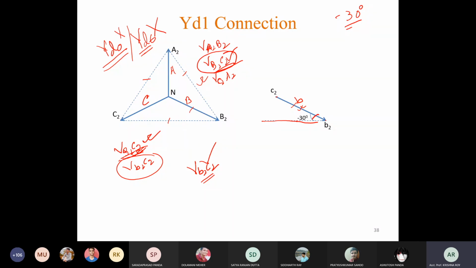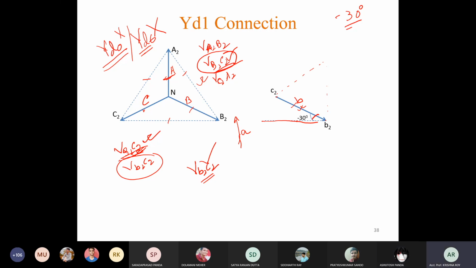So now we have to draw the other two phases, keeping them parallel to the high voltage phases. That means we have to draw this one line which will be small a phase, that means low voltage a phase, and which will be parallel to this capital A phase. Then where to draw? Here only, right? And this will be our C phase. We have to draw it here only, isn't it?